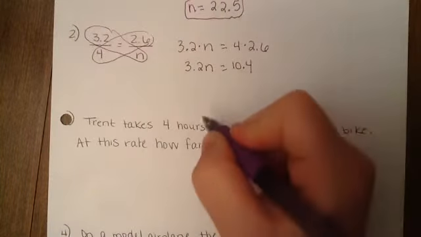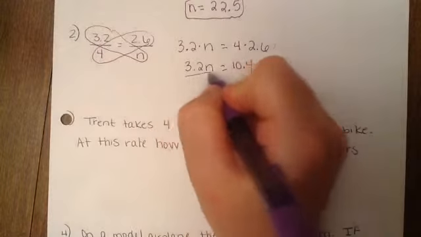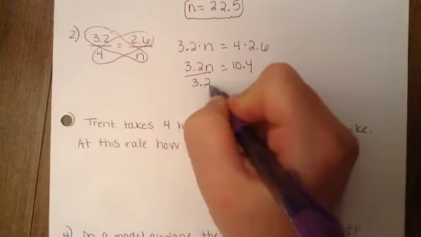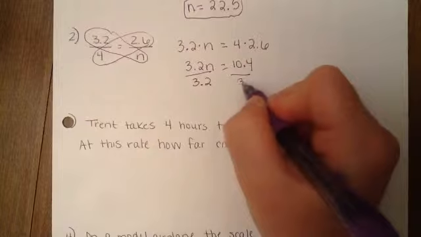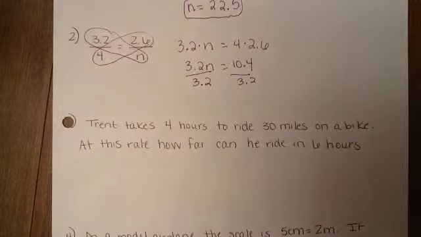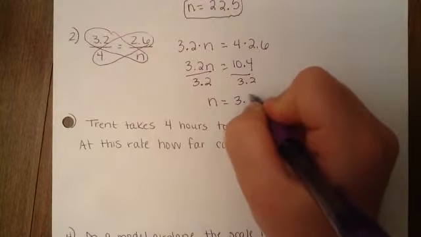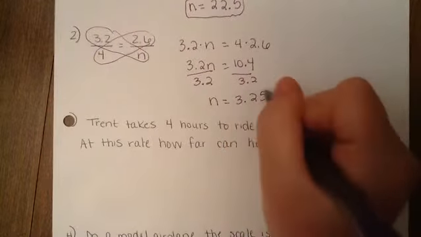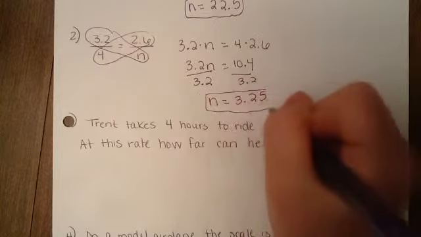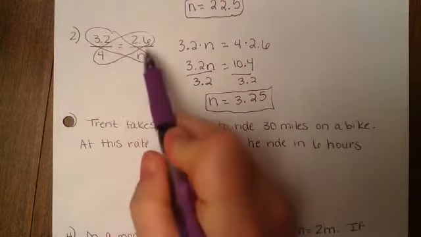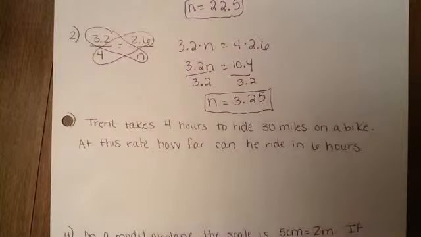And how did you solve for n? Divide by 3.2, divide by 3.2. N equals 3.25. Multiply your diagonals, solve for your variable.